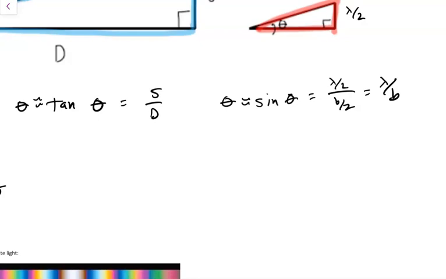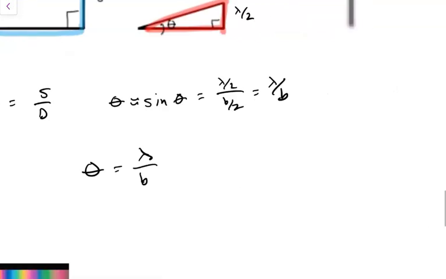And so we end up with the equation that's in your data booklet, which is theta is equal to lambda over b. And this theta is the angle between the central max and first minimum.